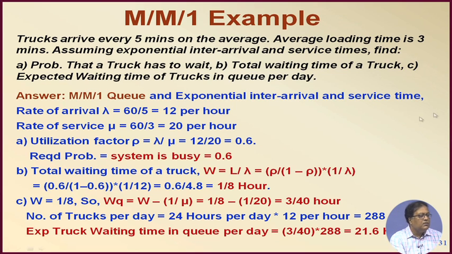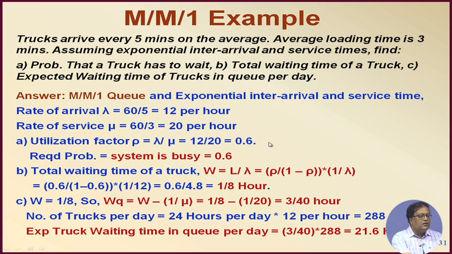So, in this problem it is an M/M/1 queue with exponential inter-arrival and service time. What is the rate of arrival? Lambda is 12 per hour, rate of service mu is 20 per hour. So, utilization factor rho, lambda by mu, is 0.6.